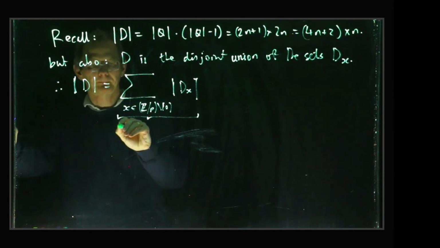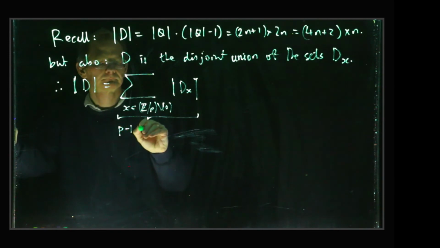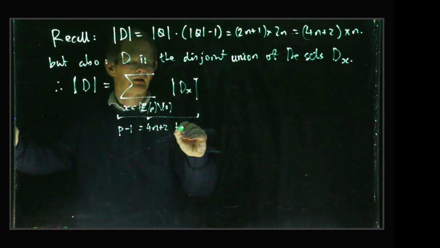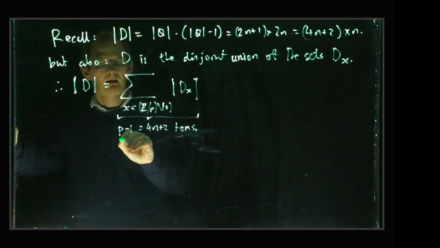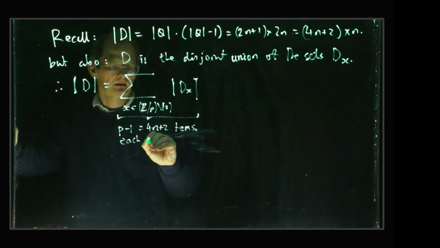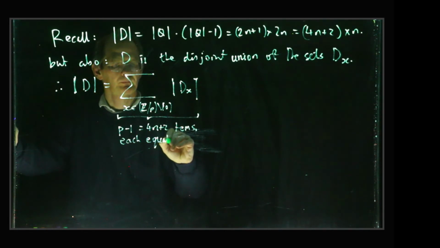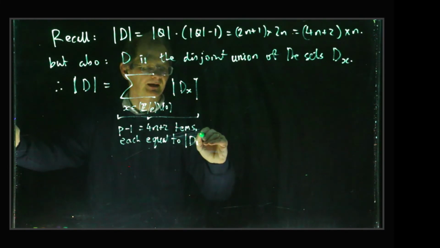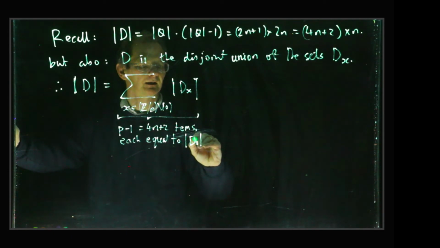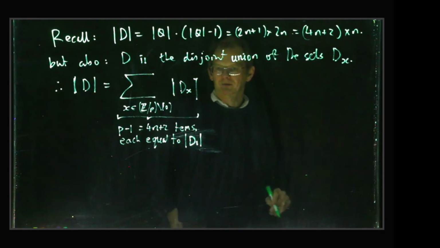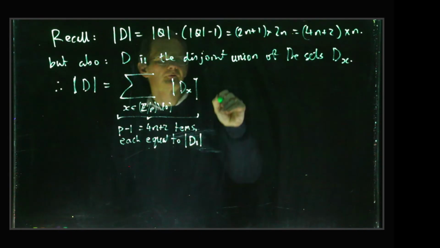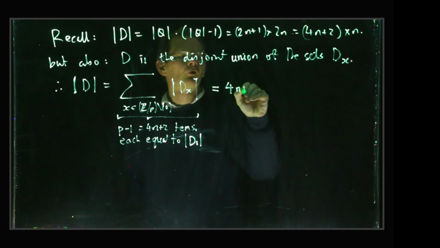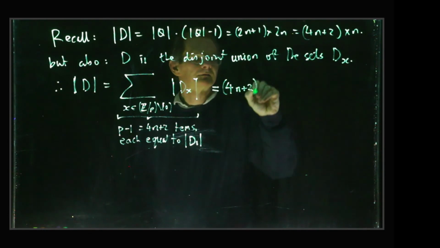We've got p minus 1 terms, and p minus 1 is the same as 4n plus 2 terms. And each of those terms, we proved that the size of Dx is always exactly the same as the size of D1. So we've got 4n plus 2 terms, each equal to the size of D1. So this is equal to 4n plus 2 times the size of D1.